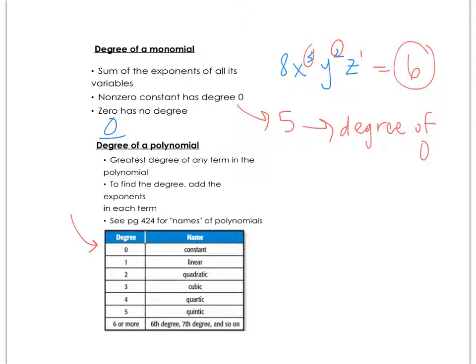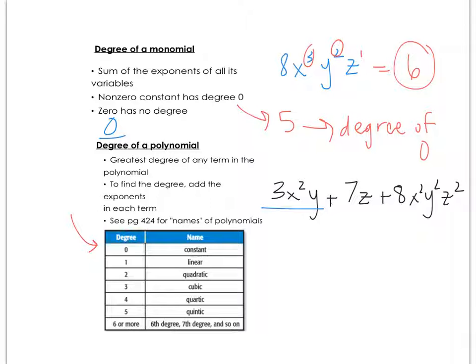So, for example, if we want to find the degree of a polynomial, let's say our polynomial is 3x squared y plus 7z plus 8x squared y squared z squared. So I need to find the degree of this.